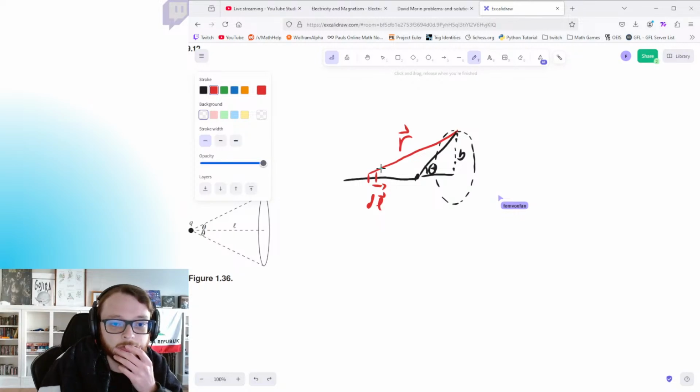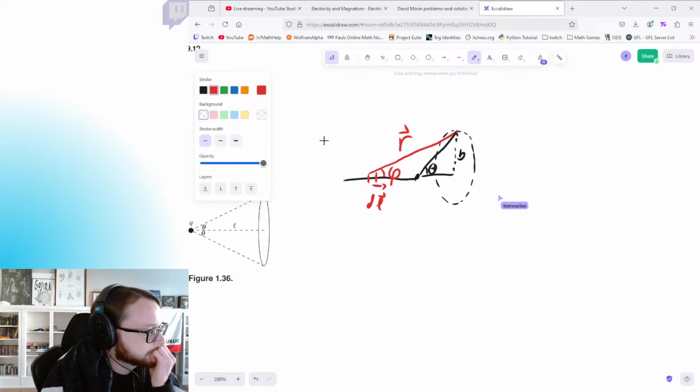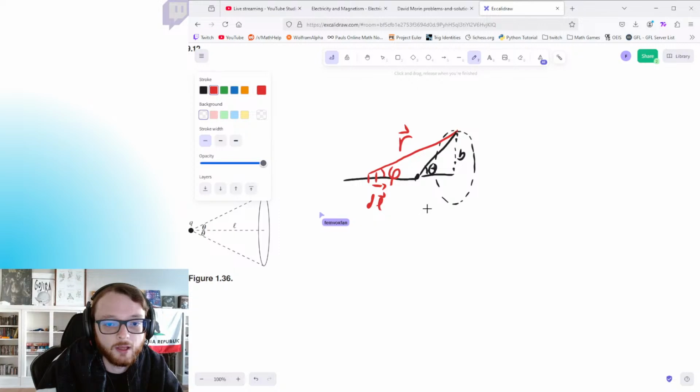It might not make a huge difference, but it will be easier. I think they're both the same. Yeah. Let me just go with what you thought and do it at the center of the circle here.